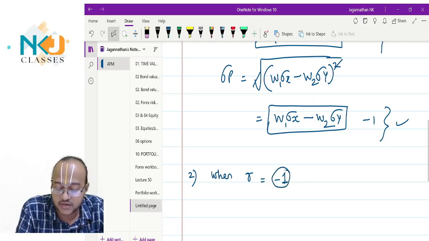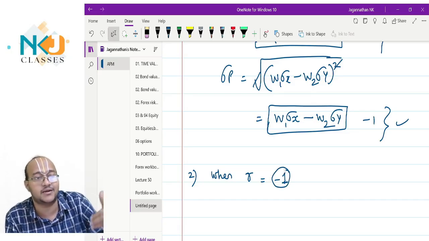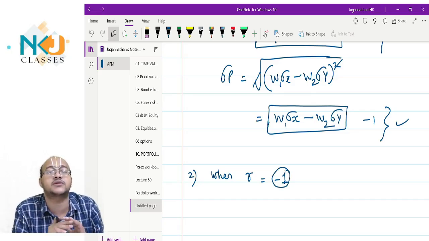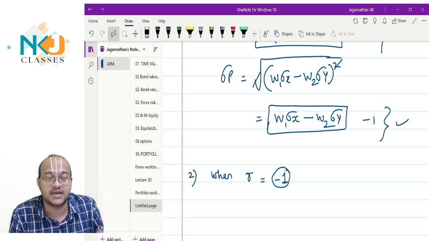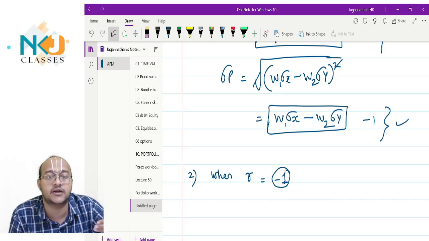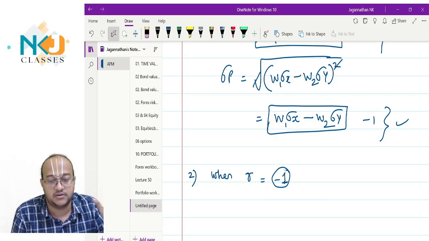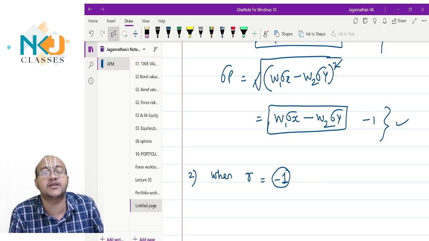Minus 1. Understanding? Plus 1 was a positive extreme correlation. At that juncture, there will be no risk reduction possibility, correct? Now at minus 1, it is the peak of the risk reduction. That maximum risk you can reduce at minus 1. You are understanding this? We already discussed it can even be reduced to 0 if you invest in some proportion.